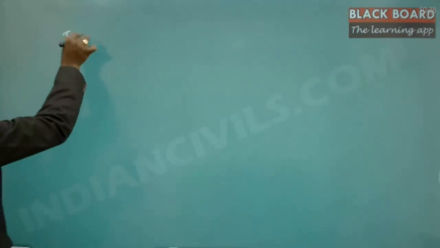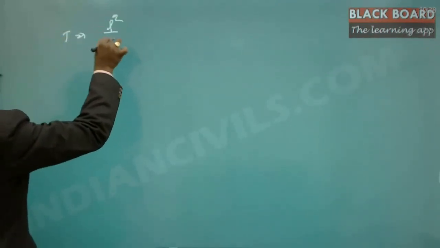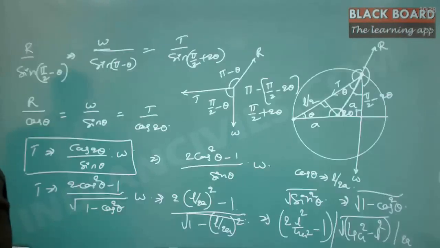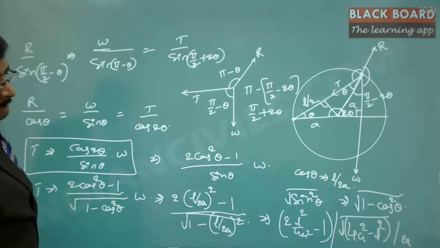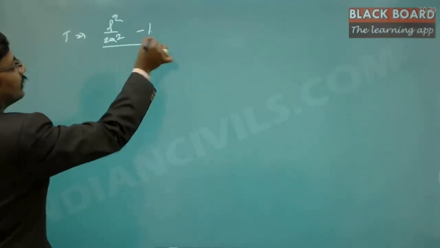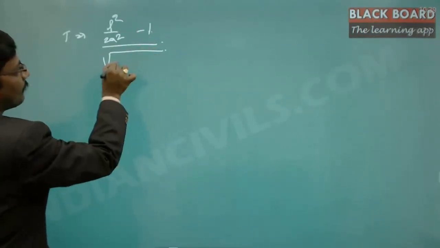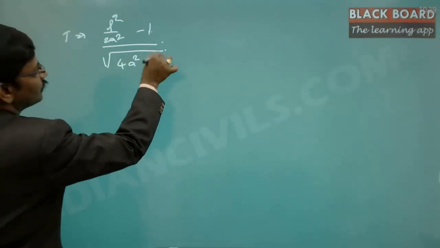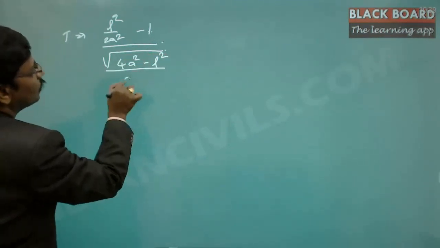So T is equal to (L square by 2a square minus 1) divided by the square root of (4a square minus L square) divided by 2a.